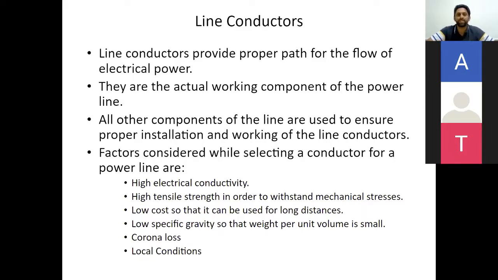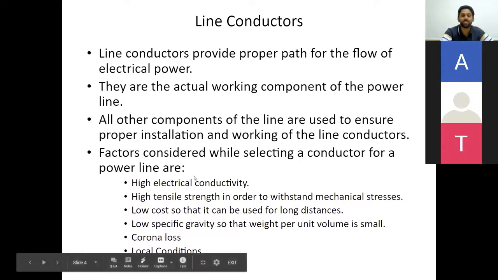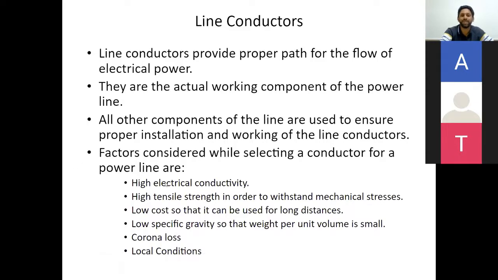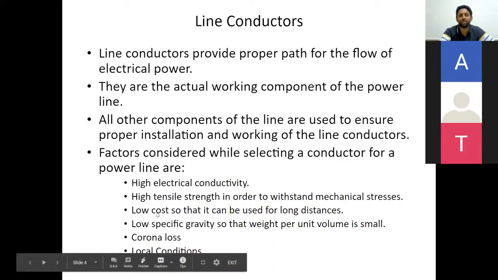Here we are again going for the design of line conductors. When you select a line conductor, the first thing you have to consider is high electrical conductivity. The highest conductivity material is gold. But we cannot go for gold because of the third condition, low cost.